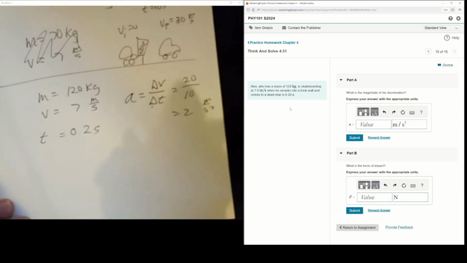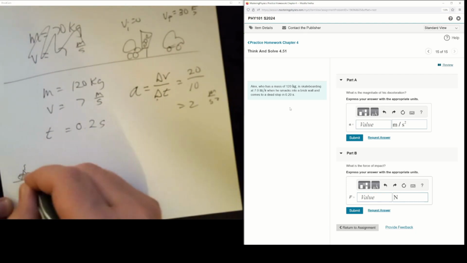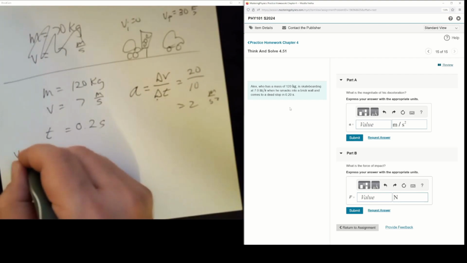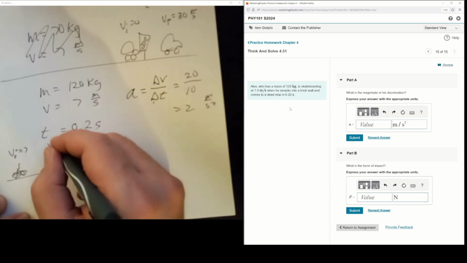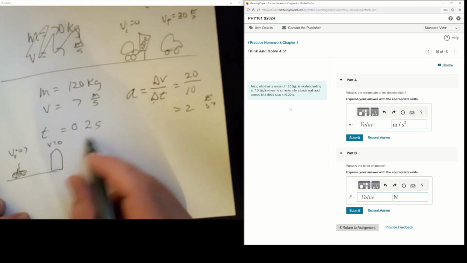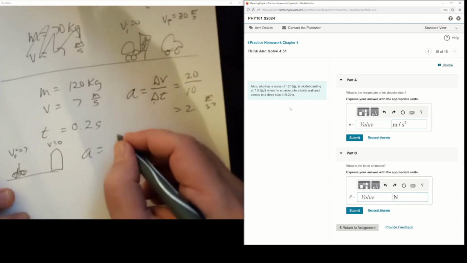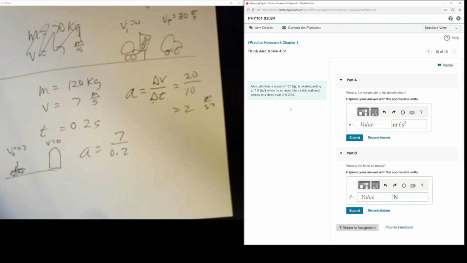So if we look at the information they gave us, we got Alex on his skateboard cruising with the initial velocity of 7, but then he hits the wall and his velocity is 0. And it took 0.2 seconds. So the change in velocity was 7, and that occurred in 0.2 seconds.